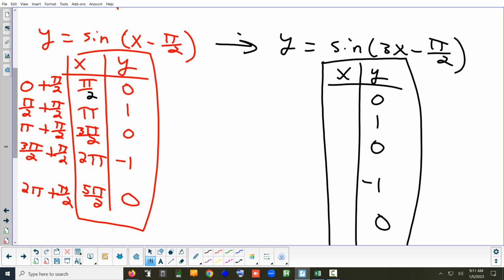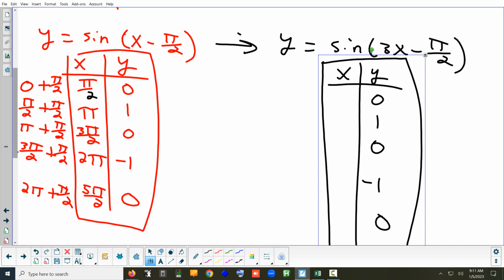If I was asking you for the length of the period, then you would do 2 pi divided by 3 and say that's the length of one cycle. But not for the table. Matt? We could multiply everything by 1/3. Yep, we can multiply by 1/3, or you divide everything by the number in front of x, which is 3. Okay, I'm going to think of it as multiplying by 1/3.